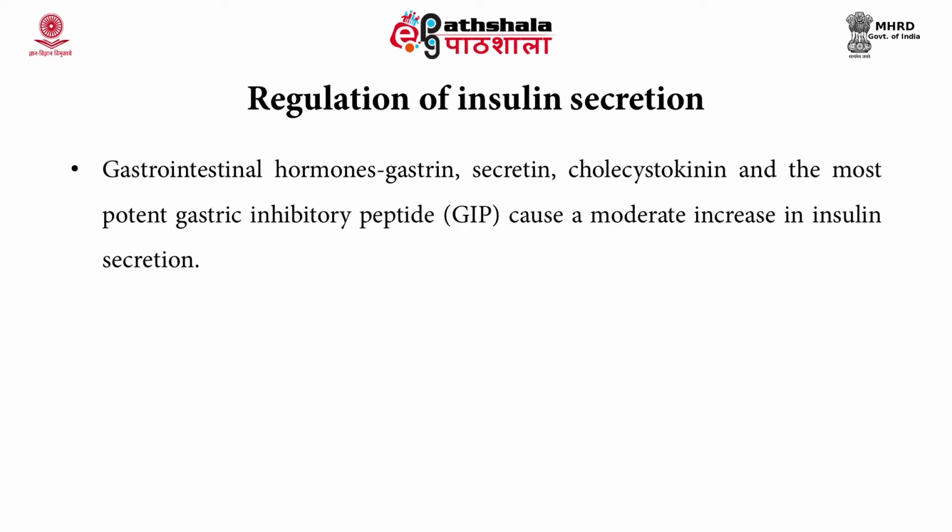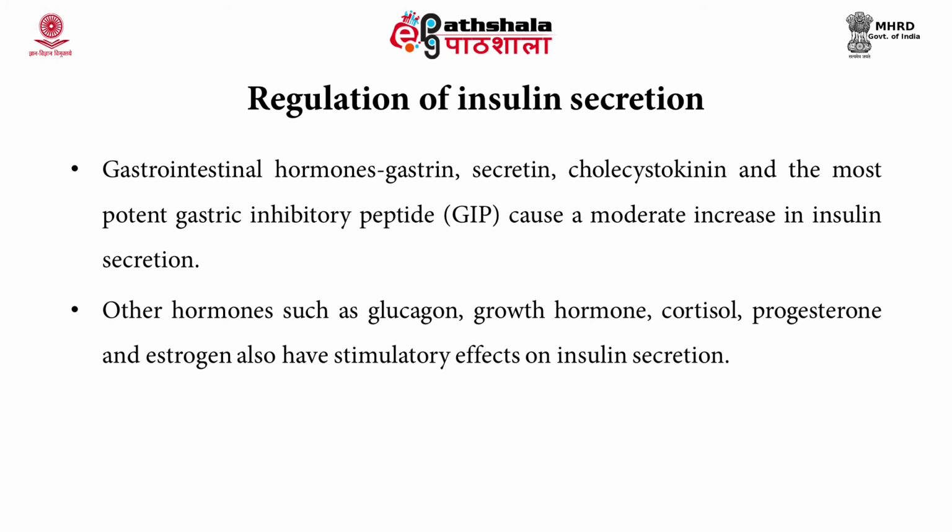When we talk about insulin secretion, we come to know that various gastrointestinal hormones regulate insulin secretion, like gastrin, secretin, cholecystokinin and the most potent, gastric inhibitory peptide, which cause a moderate increase in insulin secretion. Other hormones such as glucagon, growth hormone, cortisol, progesterone, estrogen also have stimulatory effects on insulin secretion.